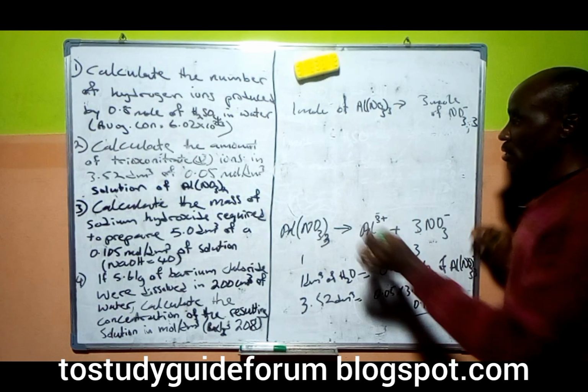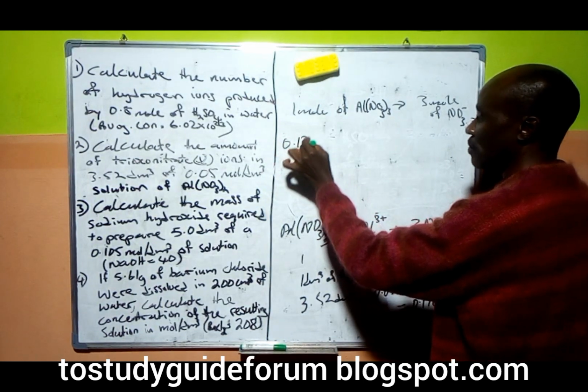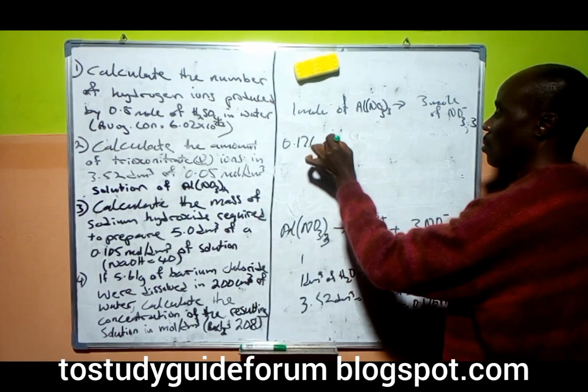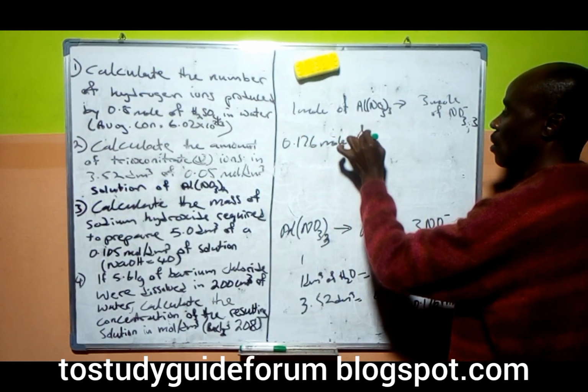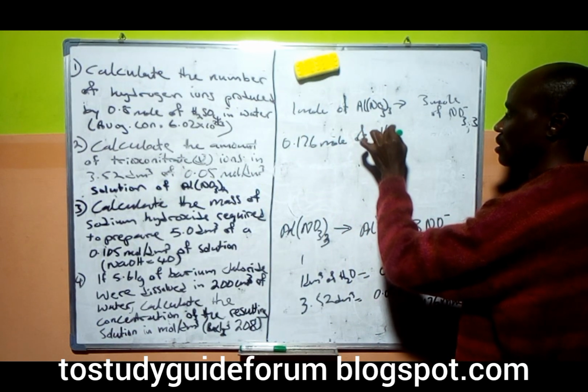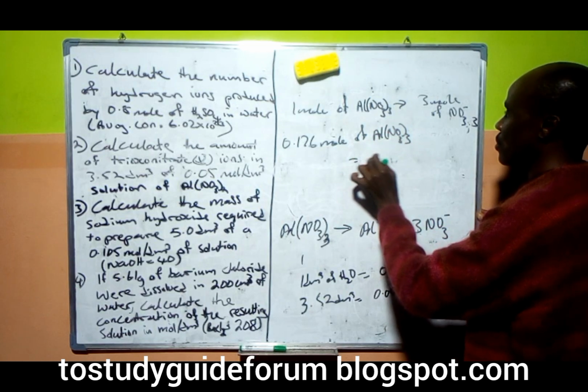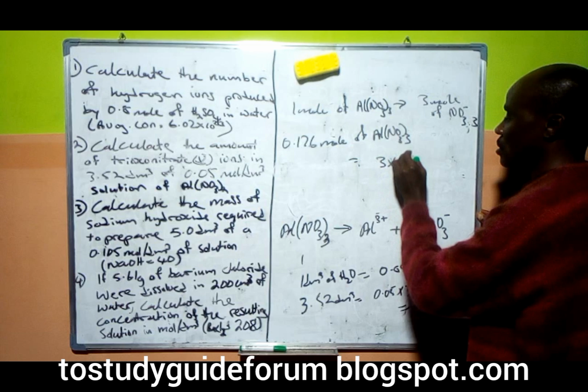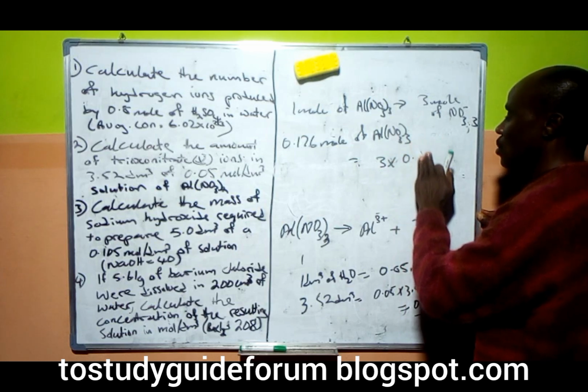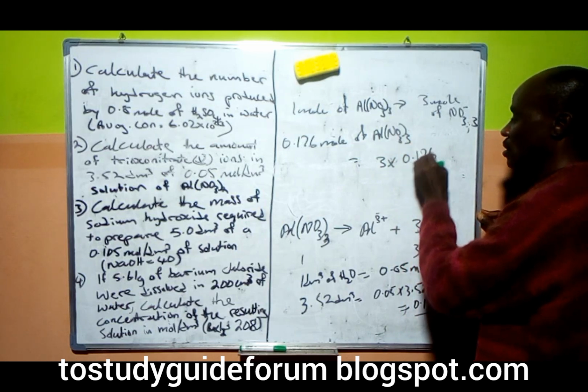Now 0.176 mole of aluminium nitrate will then be 3 times 0.176.